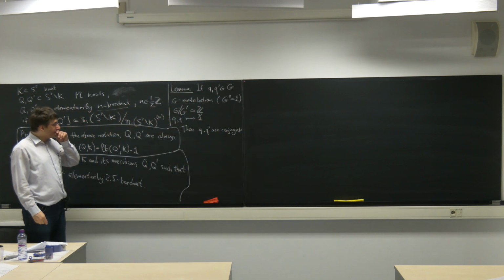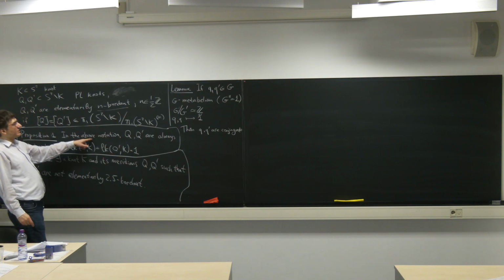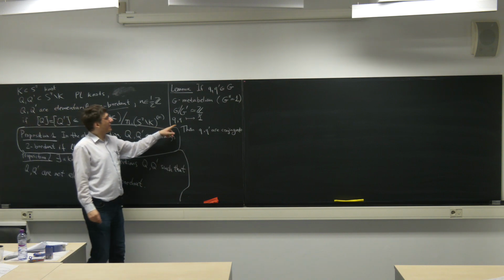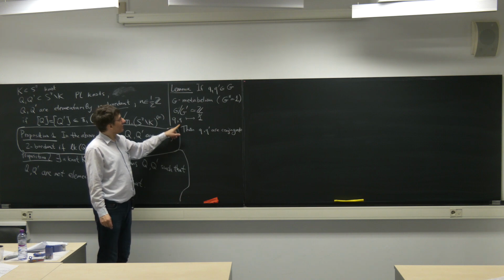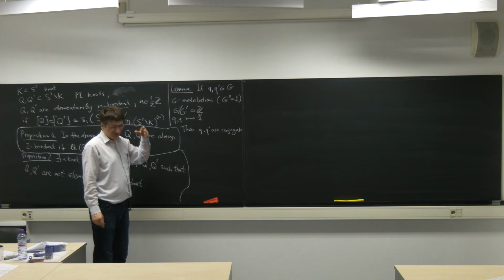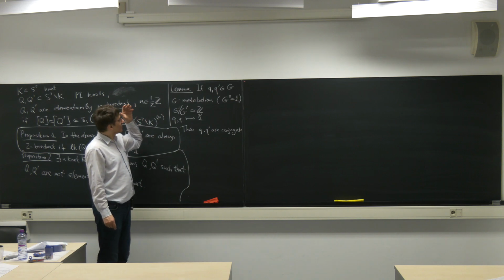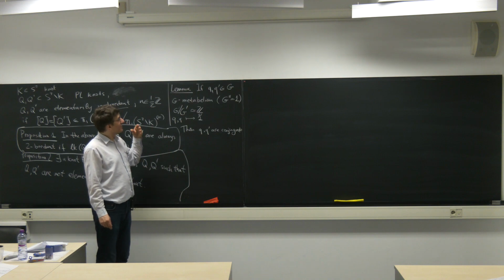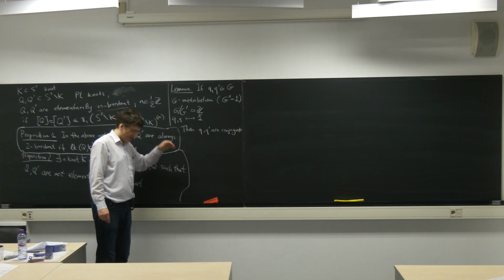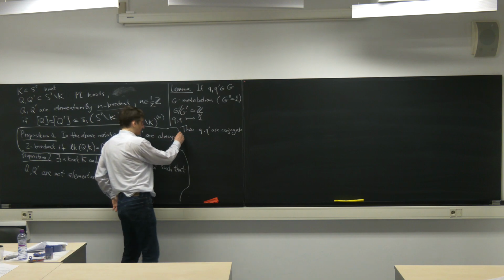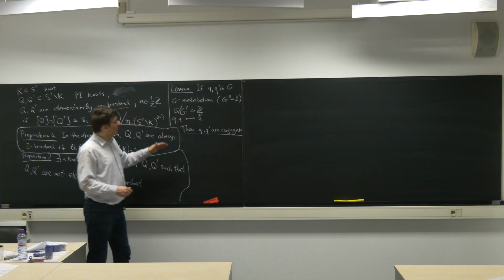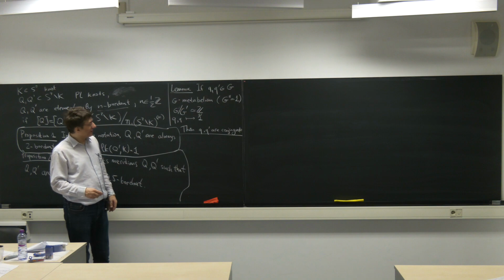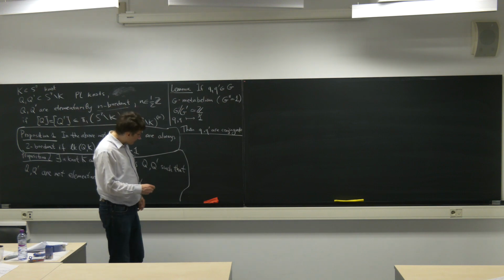This implies proposition 1, and this is proved by just using commutator identities. No Steenrod homology, no Čech homology, no infinite Seifert surfaces, also no Alexander module, just group theory and commutator identities. But I think it's a little bit boring to discuss these commutator identities, so I'm not going to do this.